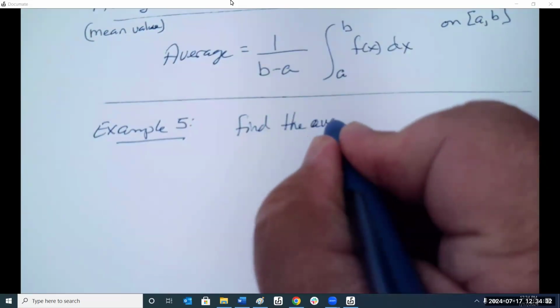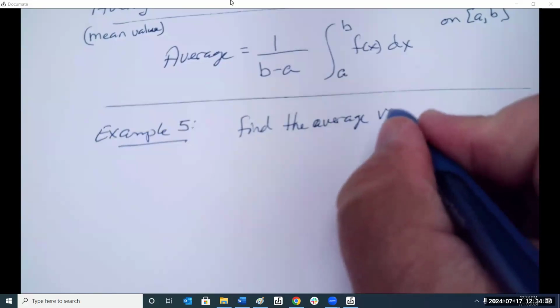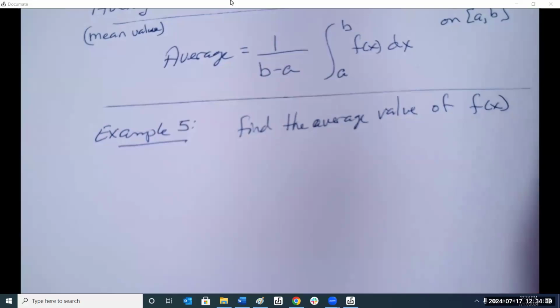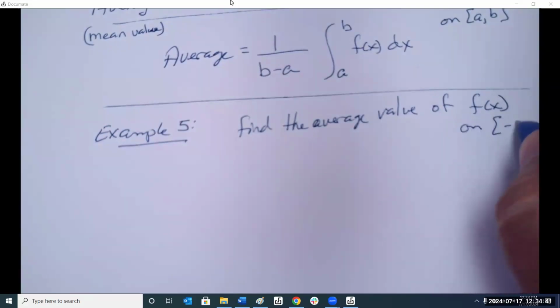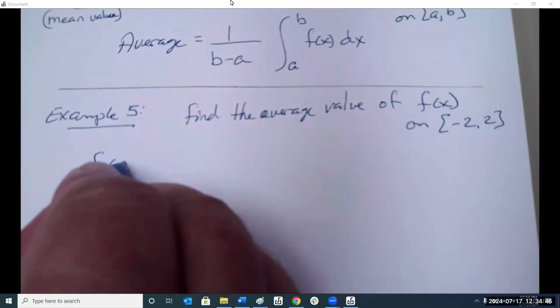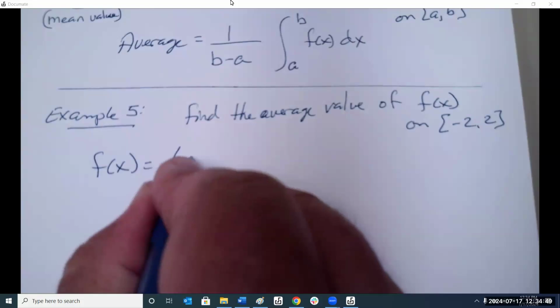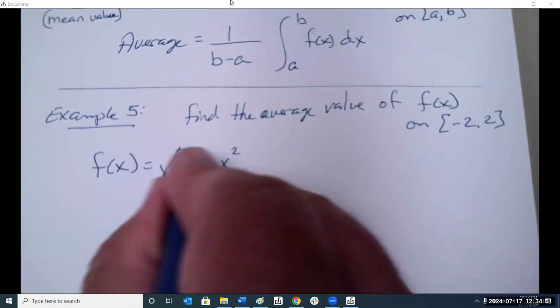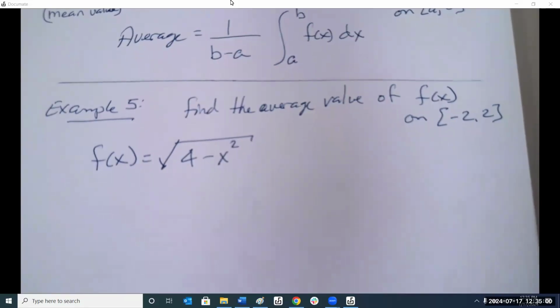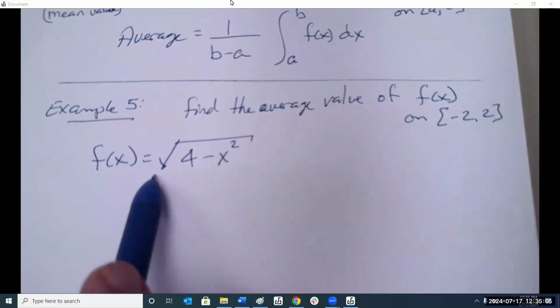Find the average value of f of x on -2 to 2, where f of x is equal to the square root of 4 minus x squared. We're visited by this guy again. Remember this one? Remember this function?